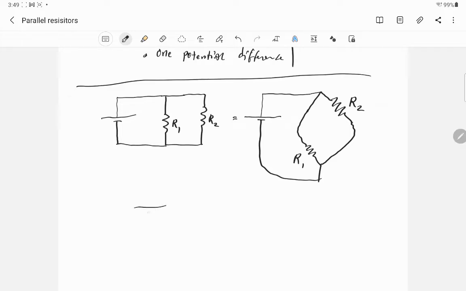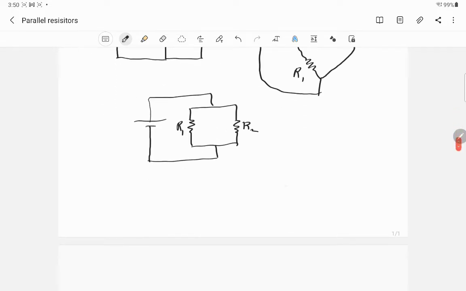So here's another example. This circuit right here is another way to draw the very same thing, right? So put R1, R2, and here's even another one. This one is just for fun, mostly. Let's put R1 here and put R2 here.